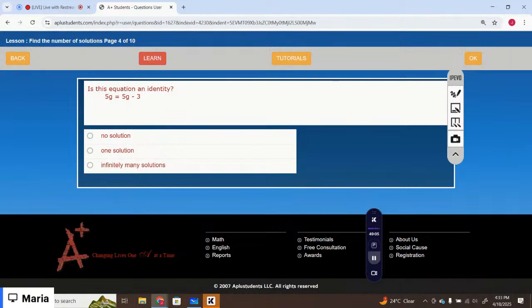So is this equation an identity, which is the correct option? No, that is not an identity.